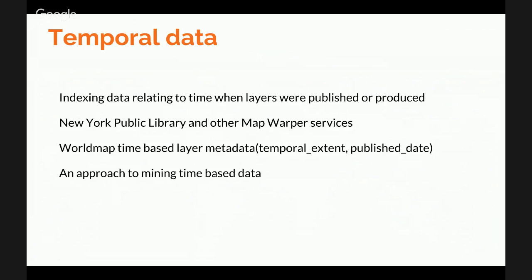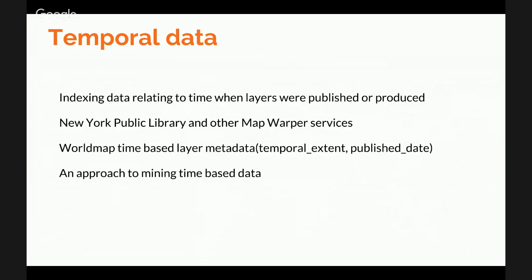So there's also a need to look at when some of these data sets were published. There's a slight difference between when a data set was published and the exact time it actually depicted. A great example is the NYPL library data set. If you go through it, they tell you that this was rectified or created on this date, but it depicts 1960 or 1970, and so on.